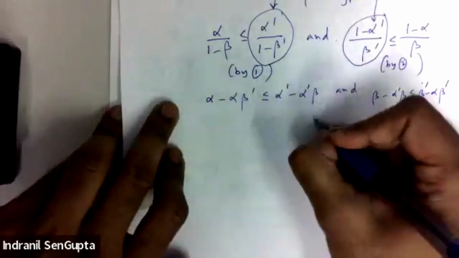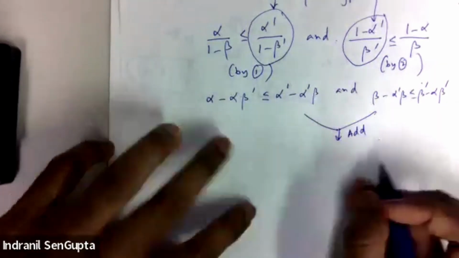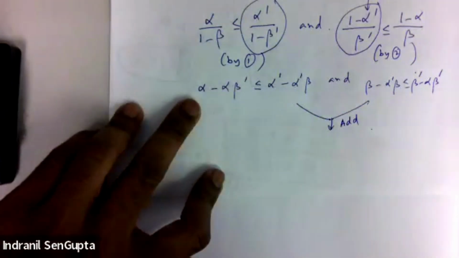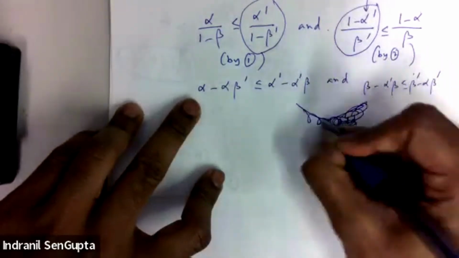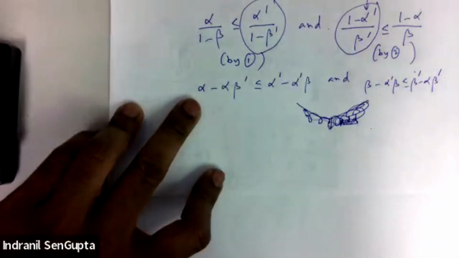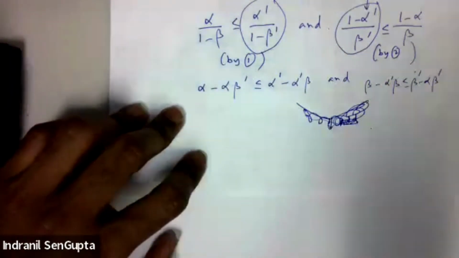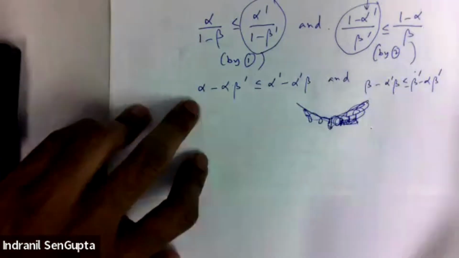If you add these two, then I get... or let's not add these two. So let's subtract these two. Okay, let's add these two.